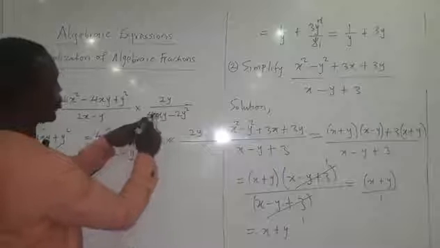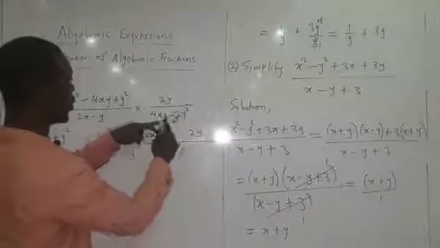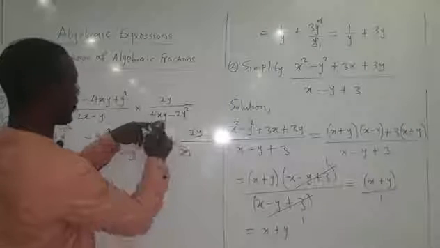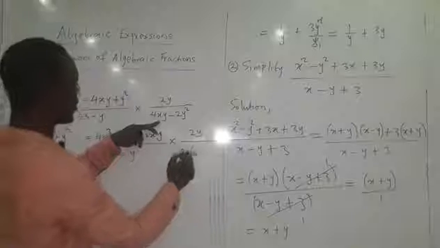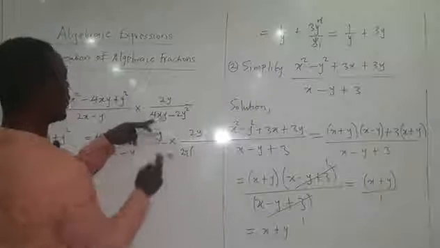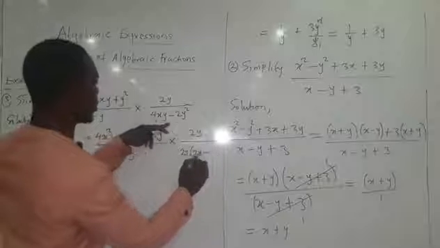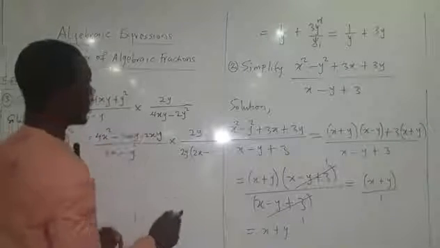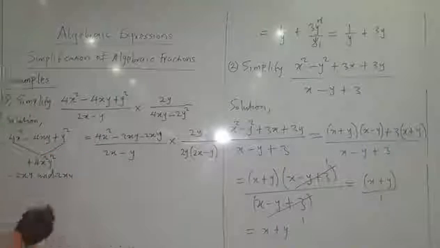So 2 can go in 4 and 2 can go in 2. So we are left with 2y. At least we have y here, we have y squared here. So 2y is common, which is 2y, and 4xy will be left with 2x, then minus 2y in 2y squared, that is ordinary y. So the next thing to do is to simplify this.